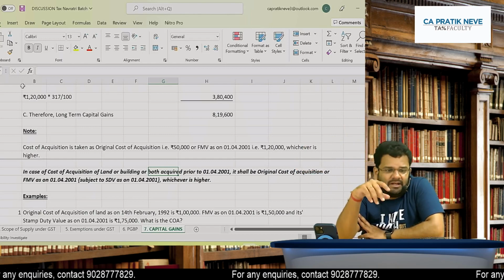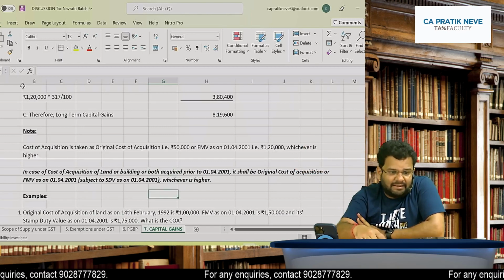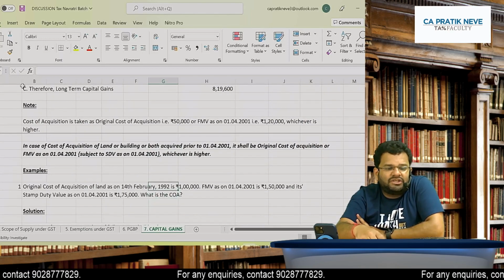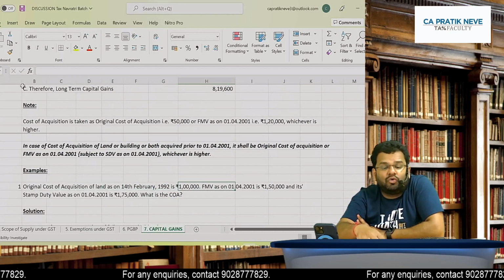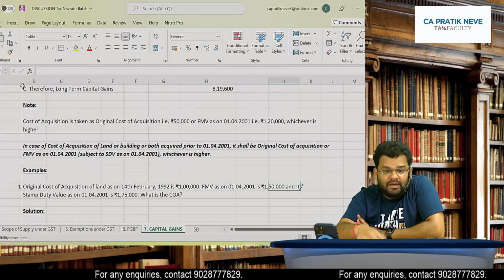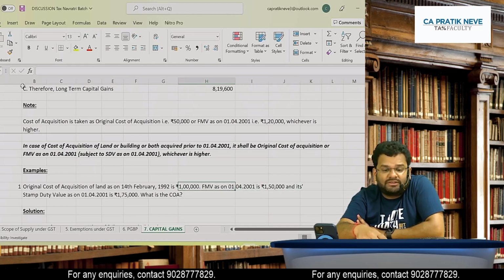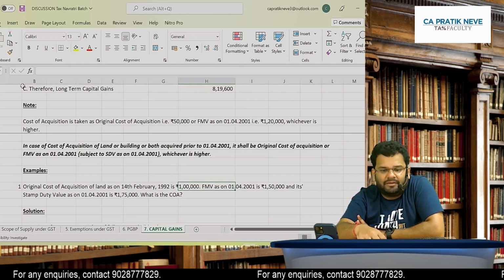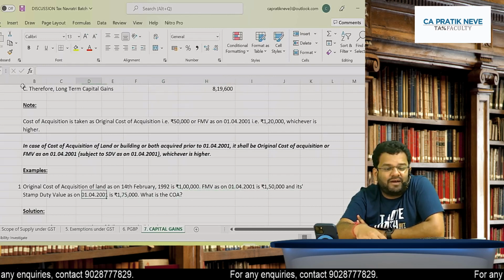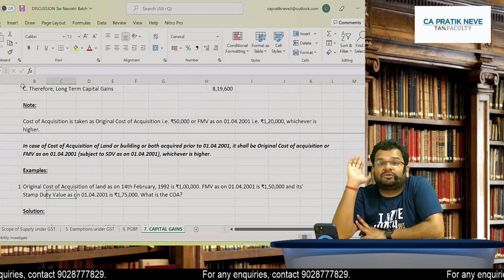Now friends, understand this example. The original cost of acquisition of land in 1992 was 1 lakh. Its FMV on 1st April 2001 is 1,50,000, and its stamp duty value is 1,75,000.